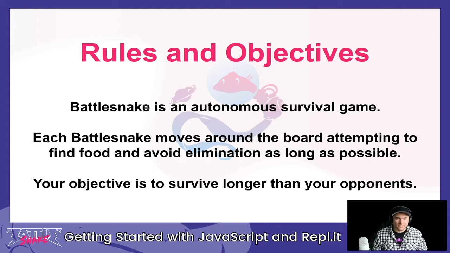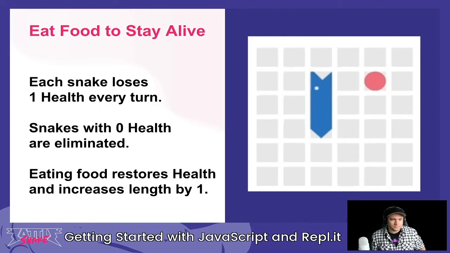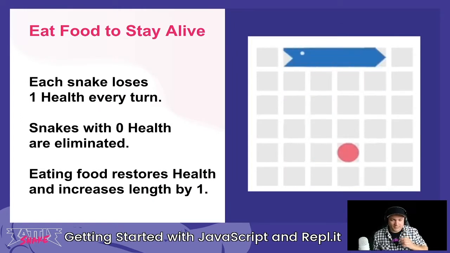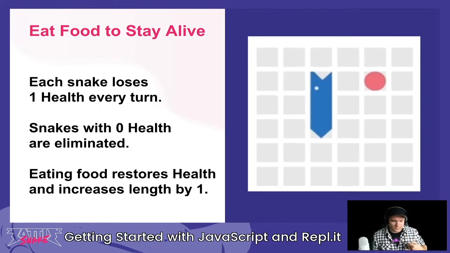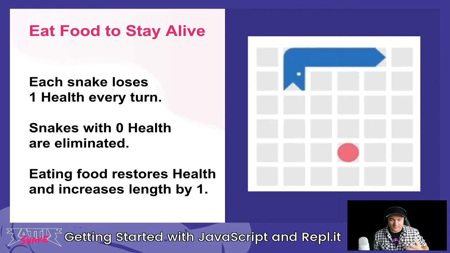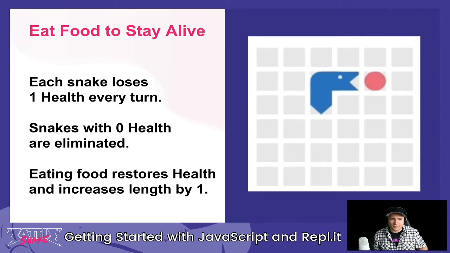Everyone's playing the same game, everyone has the same information, and it's just a matter of who's strategizing the best and who's looking far enough into the future to outthink and outlast and outsurvive their opponents. So the game itself has 3 core rules, or at least considerations, but it's all very simple.